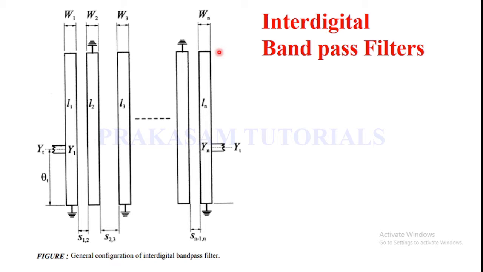The coupling is achieved by varying the fringing field between the adjacent resonators, separated by the spacing S, and this is the spacing between these two elements. So the spacings are S12, S23 and so on.